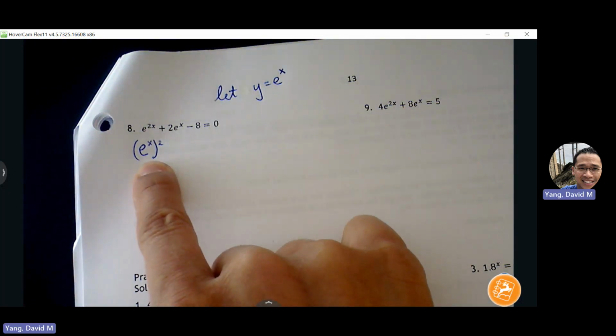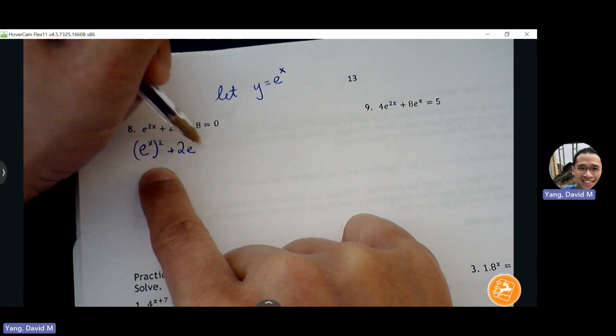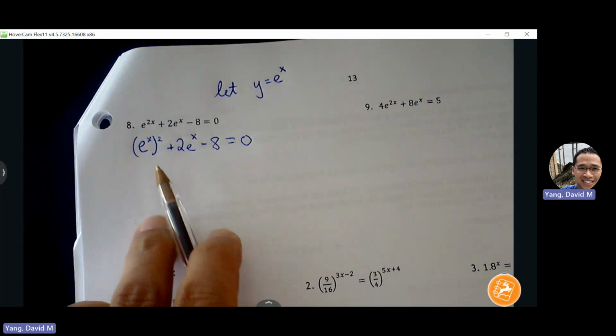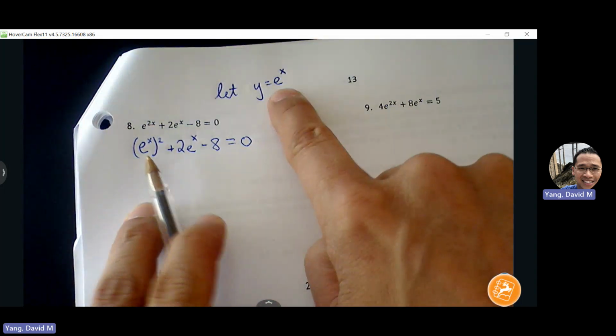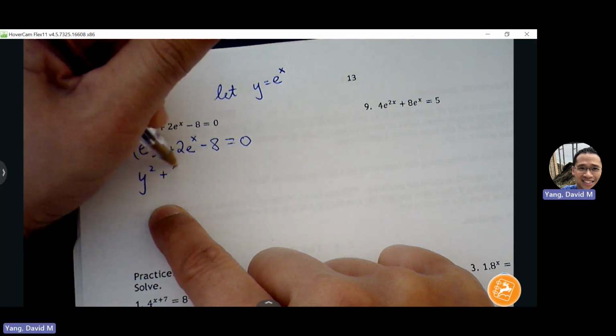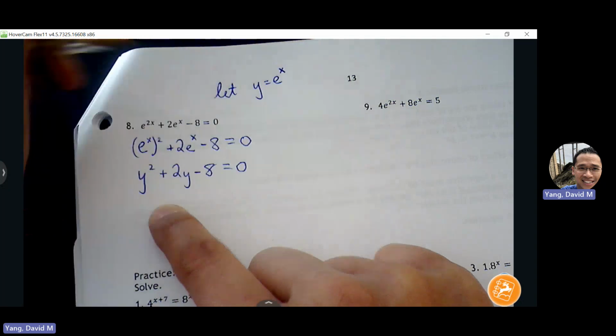It's the same thing. E to the x squared plus 2e to the x minus 8. So I just want to show you this form. Now, if I replace e to the x with y, look at what happens here. y squared plus 2y minus 8 equals 0.